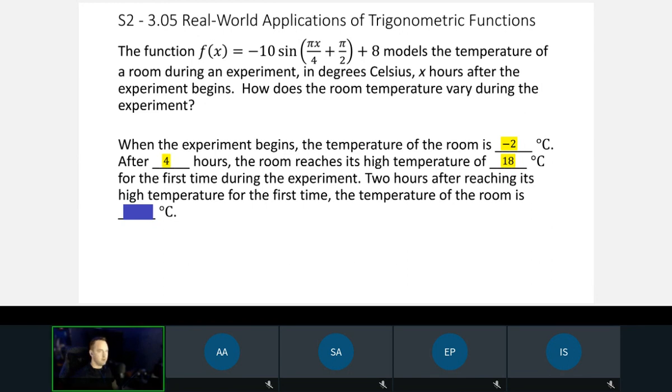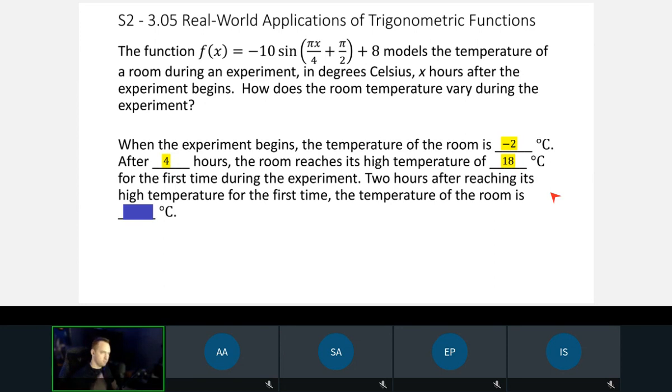All right, now the last part of the problem says 2 hours after reaching its high temperature for the first time, the temperature of the room is blank Celsius. There are 2 ways I can think of doing this problem. Once you know the peak, which is 4, what do I have to plug into my equation to get my temp? 6.